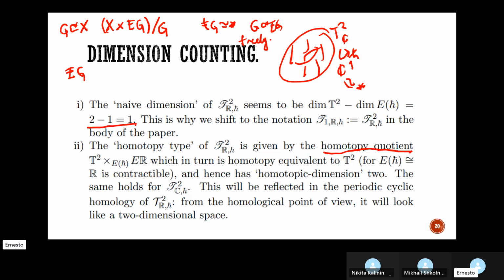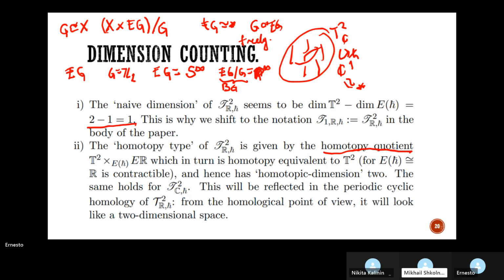For example, if G was the simplest possible group, Z2, EG would be, well, the infinity sphere, and the quotient of EG by G, it's called BG, would be CP infinity. RP, RP infinity, sorry.